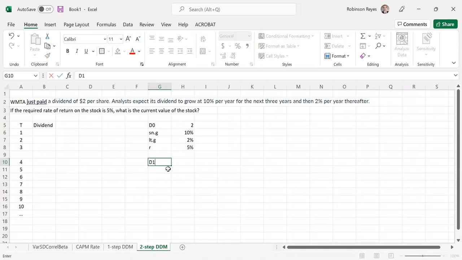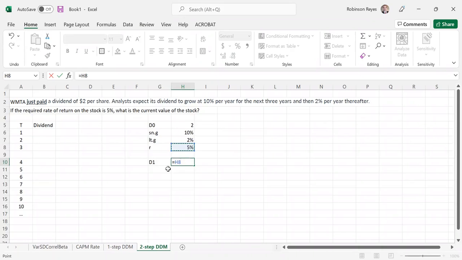So now we have D1, and as you may know by now, D1 is the most important thing. We cannot do anything with the dividend that this company just paid, but we need to work with the future dividends, especially the first dividend, the one we are expecting 1 year from now. We can calculate it as follows: during the next 3 years, dividends are going to grow at a 10% rate.